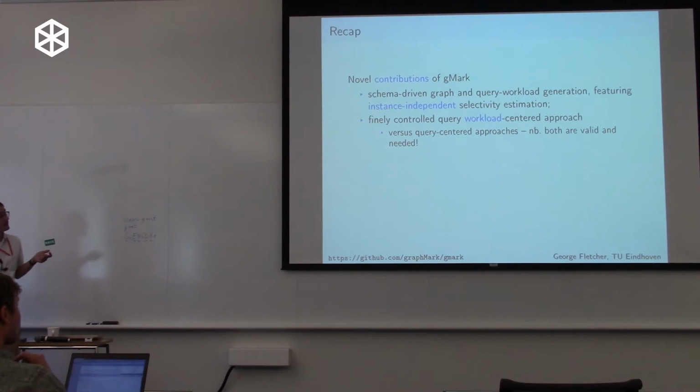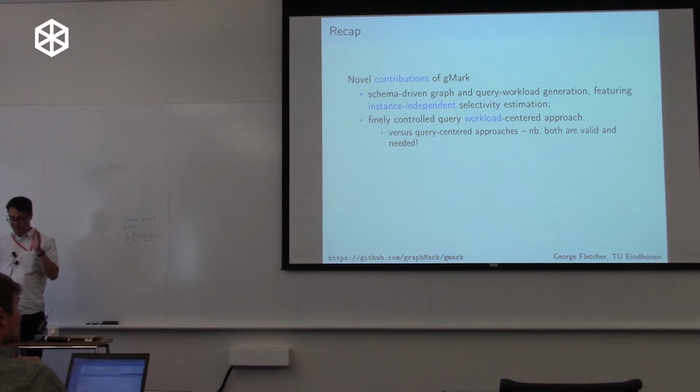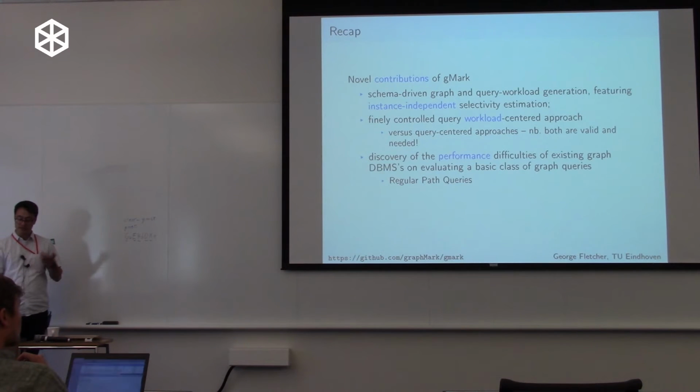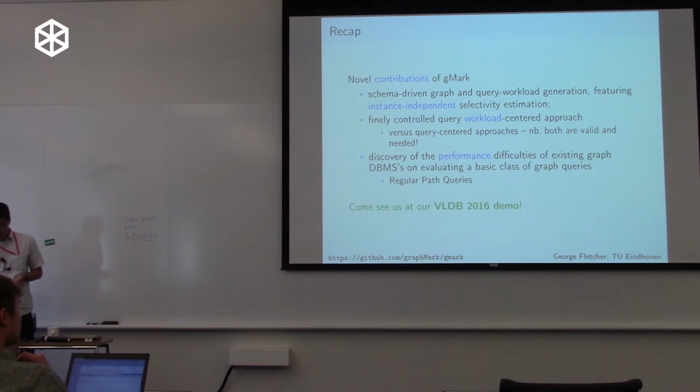This is versus, say, a query-centric approach where you focus on designing a handful of really well-thought-out queries. These are both complementary approaches for different use cases, I would argue. And as a side effect, we already discovered that there are some performance difficulties of existing graph systems on evaluating RPQs.